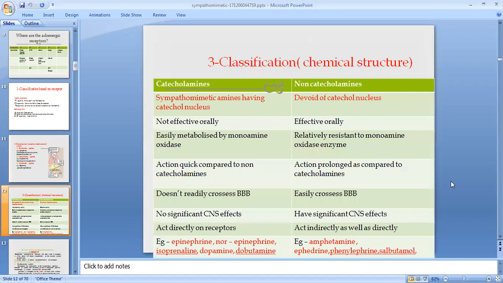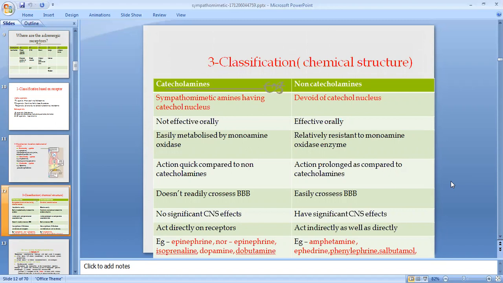Classification based on chemical structure. These are catecholamines and non-catecholamines. Catecholamines are those sympathomimetics which have a catechol nucleus in their structure, while non-catecholamines are those which are devoid of the catechol nucleus.